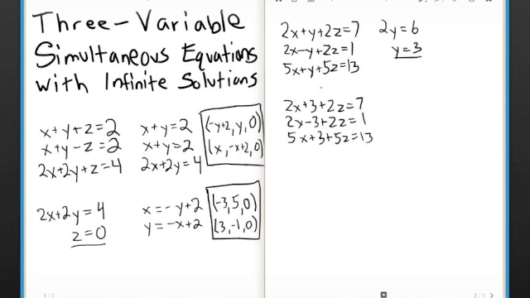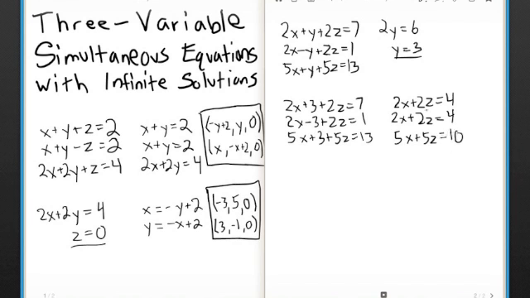Now let's simplify all of these by bringing the 3 to the other side. So this one will become 2x plus 2z equals 7 minus 3 is 4. This one is 2x plus 2z equals 1 plus 3, which is 4. And this one is 5x plus 5z equals 13 minus 3, which is 10.